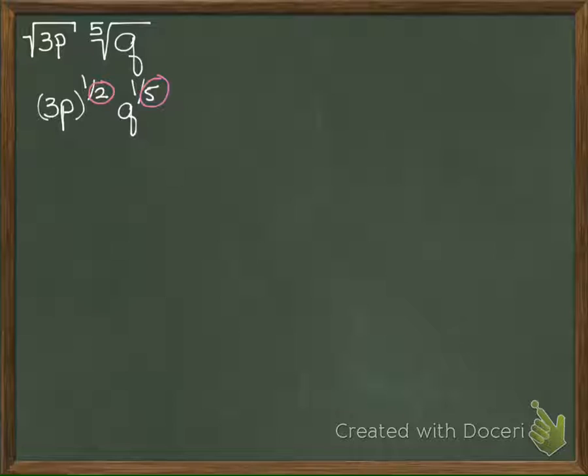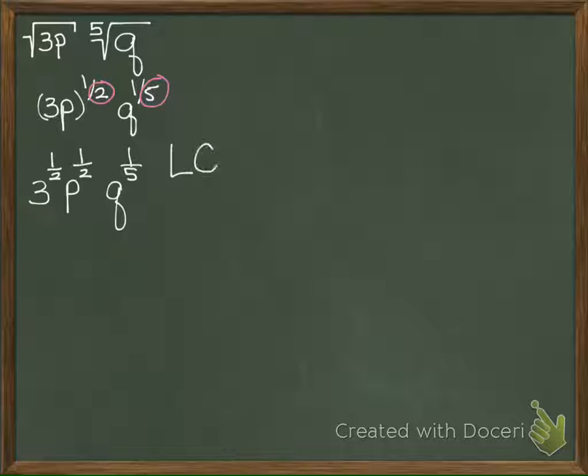So let's write this as an exponent on each individual term, so I can look at each individual term. I have 3 to the 1/2, p to the 1/2, q to the 1/5. Okay, I need an LCD for these.